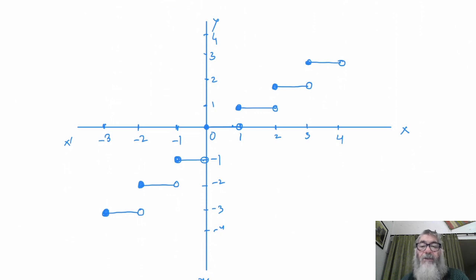Whose greatest integer you want to find, you locate that on the number line, move to the left, and find the first integer immediately to the left of that number, and that will give you the greatest integer function.